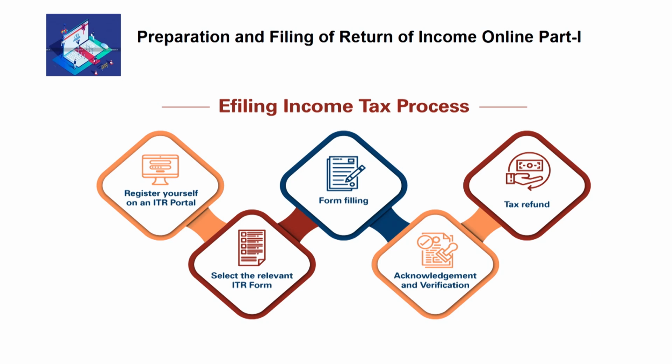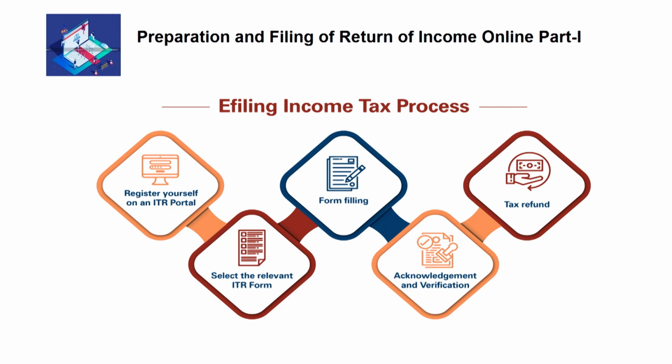And the third one is form filling. There are a number of pages, and after confirmation of the first page, the second page will open. So form filling is the third stage of ITR filing.